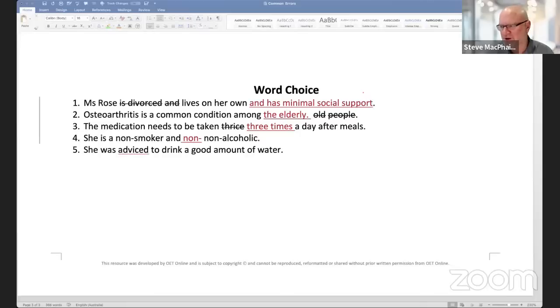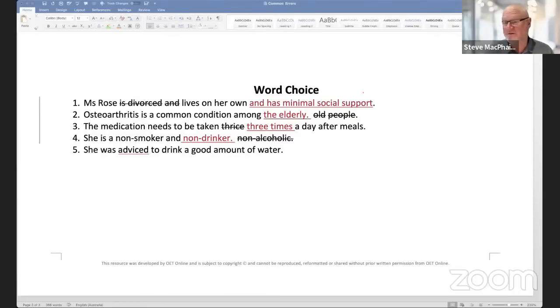You could say alcohol drinker. That's good, a bit more simple, though. She's a non-smoker and non-drinker. Full stop. Basically, don't use the word alcoholic in your case notes. It doesn't really have a place. An alcoholic is someone who is addicted to alcohol, right? Teetotal is a great word, but it's a little bit informal.